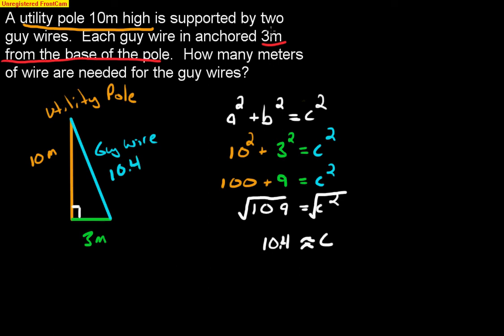Now this does say that there are two of them though, so we need to multiply 2 times 10.4. That's going to give us 20.8. So the length we need for both of them is 20.8 meters.